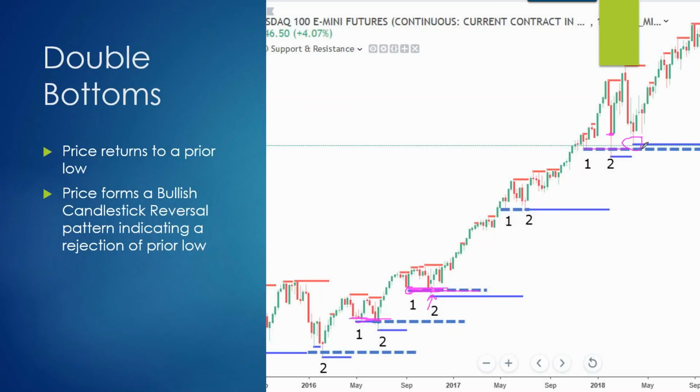This is support in resistance trading at its finest. Does everybody understand that? Any questions on this?